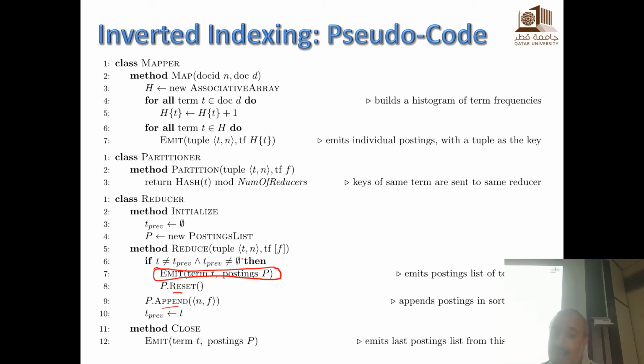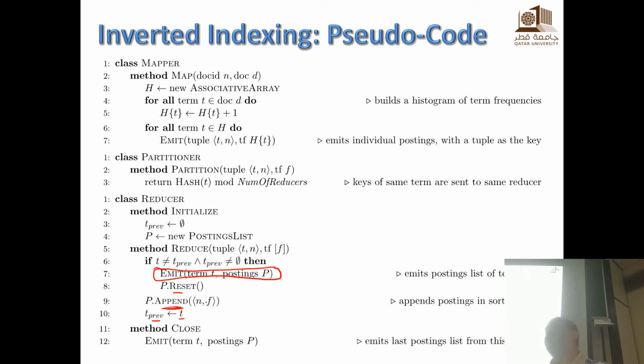We'll have to append the new one with the new term, and we have to indicate that the previous one now is the new term. So now the new term will be fish. We'll keep getting fish, which means that we'll keep appending until we get a new term. Once we get a new term, we'll emit the posting list for fish, and then we keep adding for the new one.